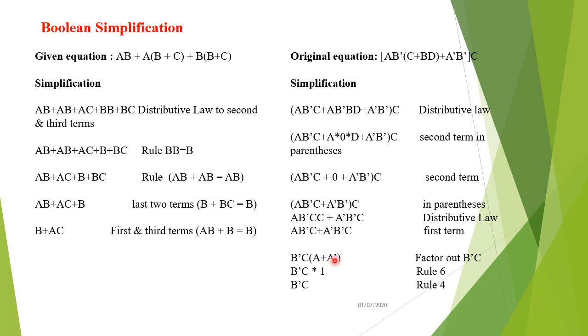From the ORing rules we have seen that whenever a variable is ORed with its complement, the result is 1. Then we apply the rule that a variable ANDed with 1 results in that same variable. So this long and somewhat complex Boolean expression is simplified into just a single term, A B dash C, by using the different Boolean algebra rules.